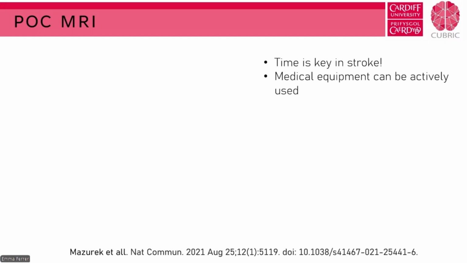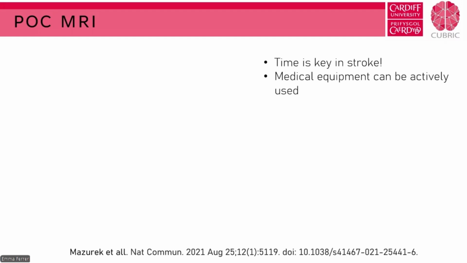An example in which this can be important is, for example, stroke. If patients are in the intensive care unit, we know that diagnosis of stroke and distinction between stroke and cerebral hemorrhage is really important, because it has significant implications for treatment.